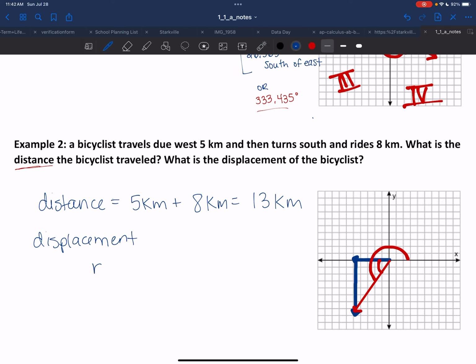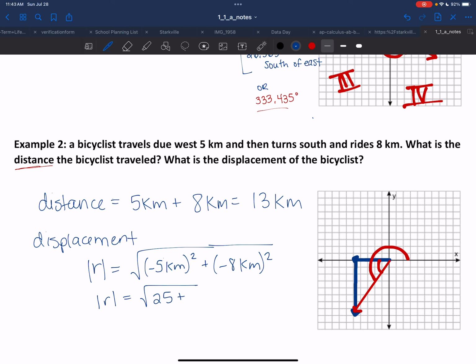So that vector is going to be the square root of negative 5 kilometers squared plus negative 8 kilometers squared. So I have the square root of 25 plus 64, and that's going to be the square root of 89.